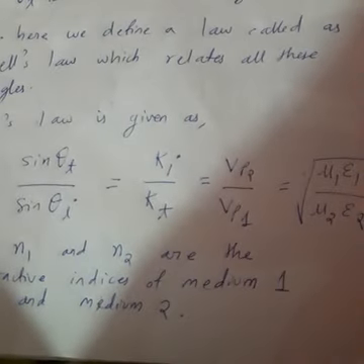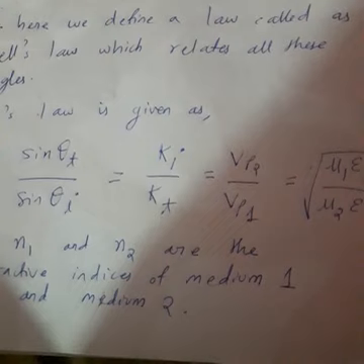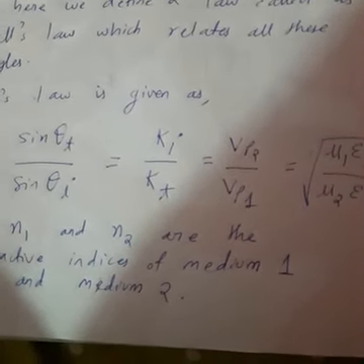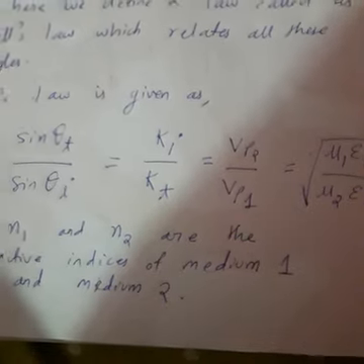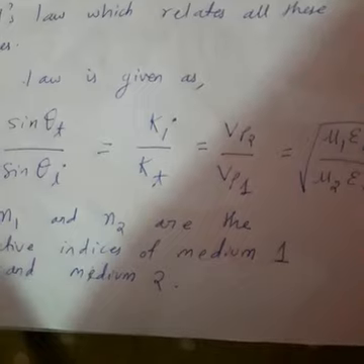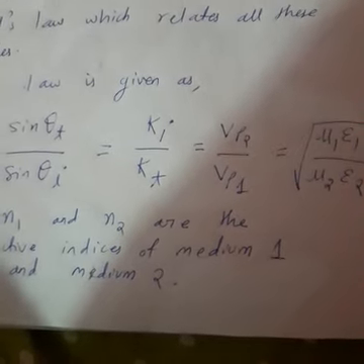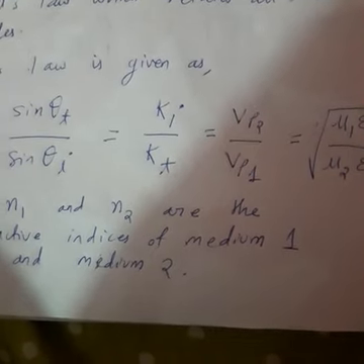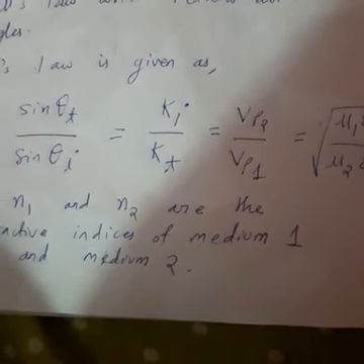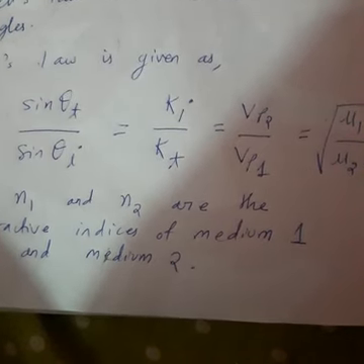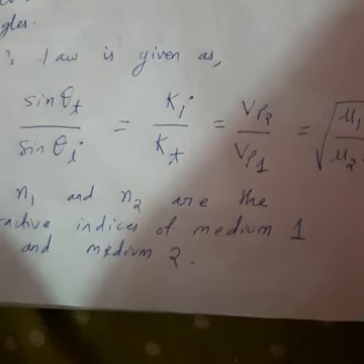If you look at the Snell's law formula, sin theta t by sin theta I is equal to Vp2 by Vp1. That means the transmitted is for medium 2 and the incident is for medium 1, so sin theta is directly proportional to phase velocity.